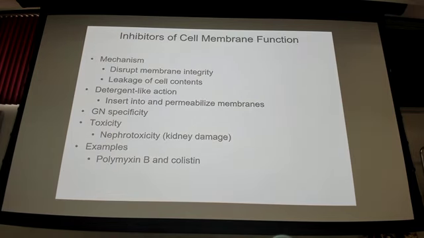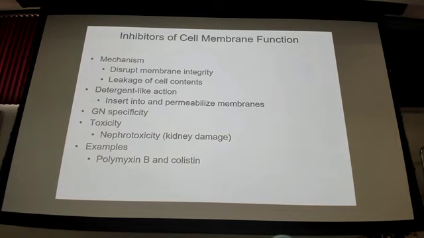I don't have a nice figure to show the mechanism of action for antibiotics that target bacterial cell membranes, but this is pretty straightforward. We don't have a lot of examples. These tend to be pretty nasty antibiotics. The examples are polymyxin B and colistin. The reason being that these antibiotics are trying to selectively target bacterial membranes, but what are our cells encased in?